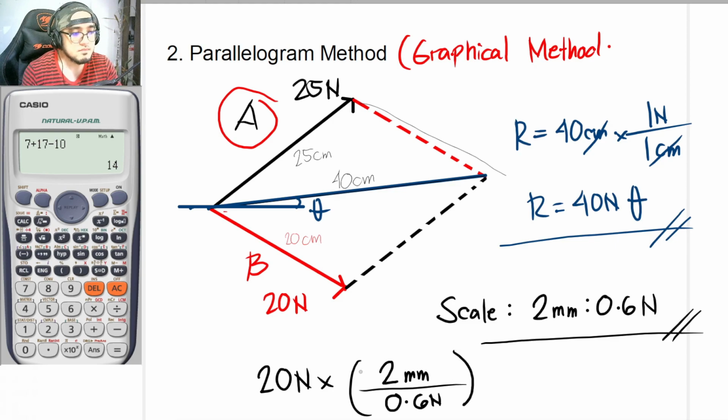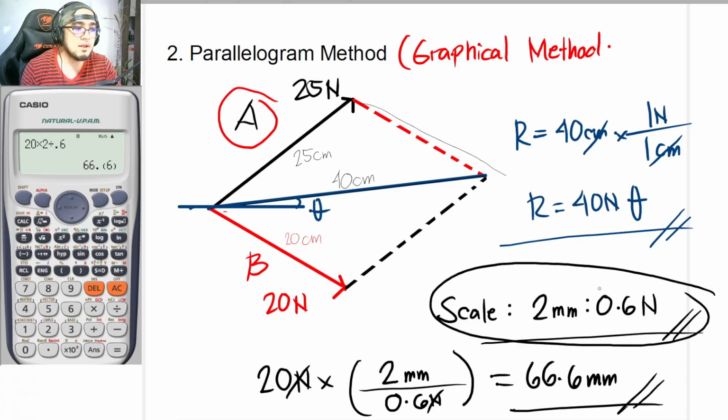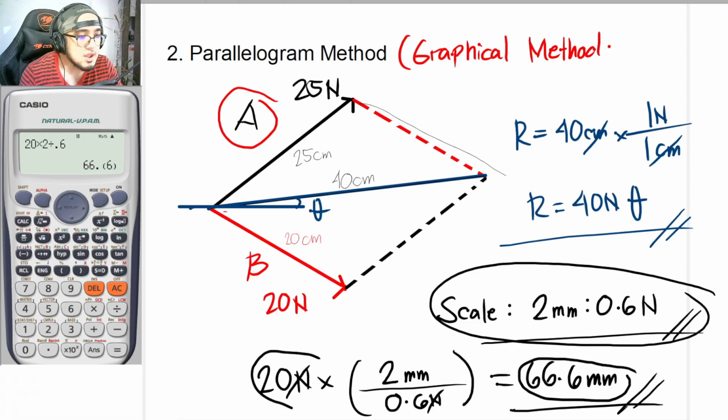The units cancel out, and your answer is 20 times 2 divided by 0.6, which is equal to 66.6 millimeters. So with this scale, you will be drawing 66.6 millimeters to represent 20 newtons.